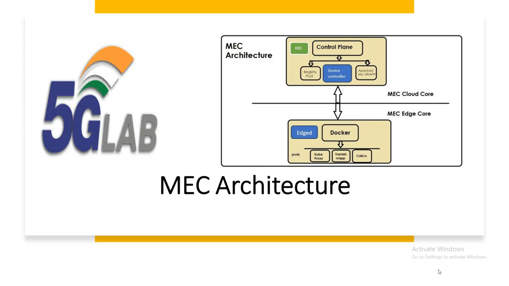You can see one box that is K8S, one is control plane, one is the registry port, one is device controller, one is Apache 2 My VR app, and on the lower side there is the MEC Edge Core, and the boxes are named HD, Docker, Cube Proxy, Varnish VR app, Calico. These are the main components of the MEC Cloud Core and MEC Edge Core.